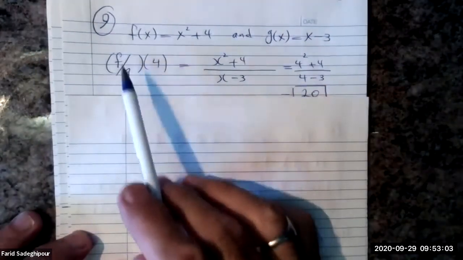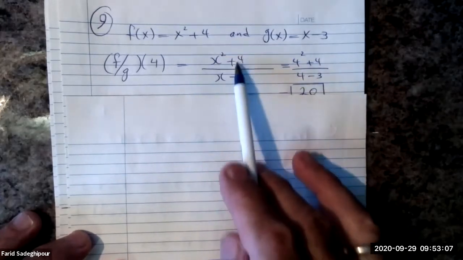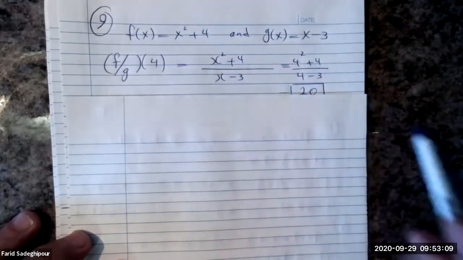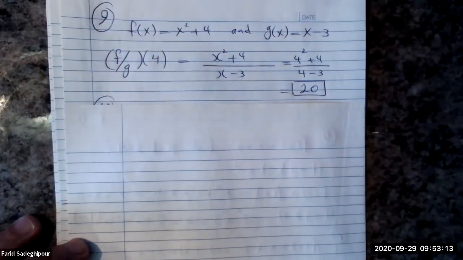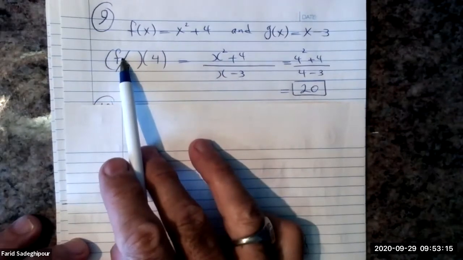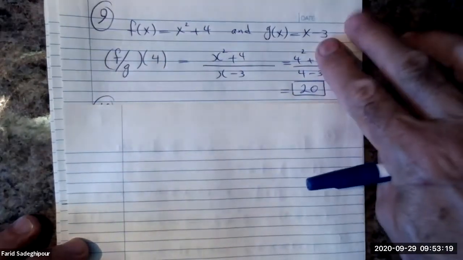They want you to divide, and in the final result, this is f of x divided by g of x, right? Then take the 4 and substitute. So take f of x divided by g of x, and then put 4 for the x.